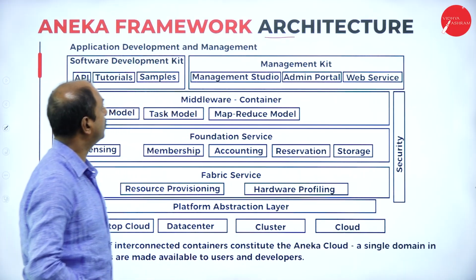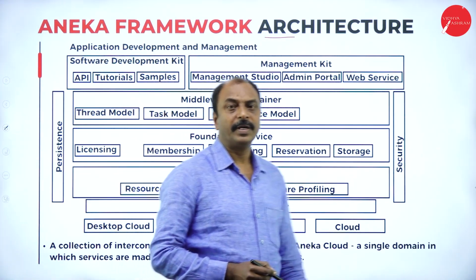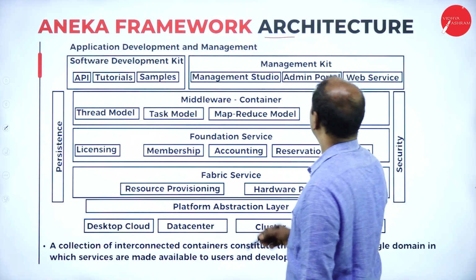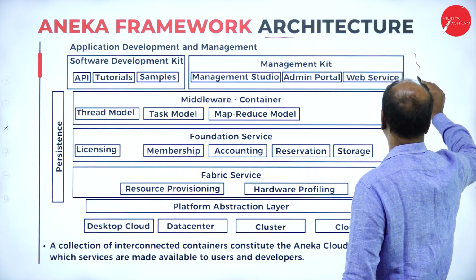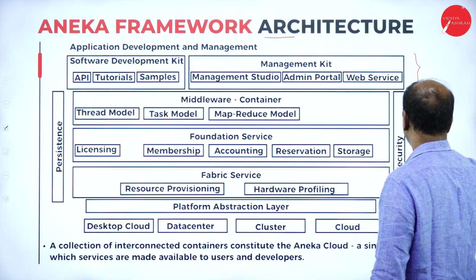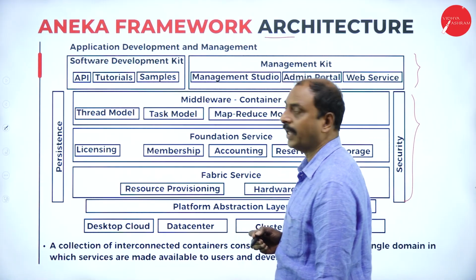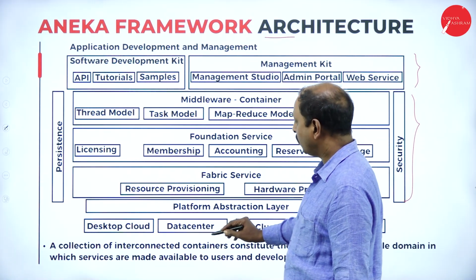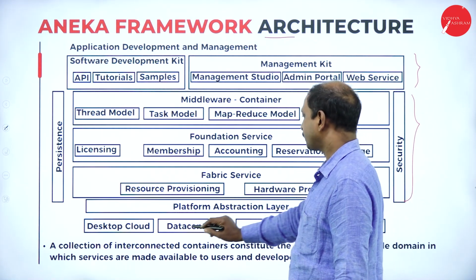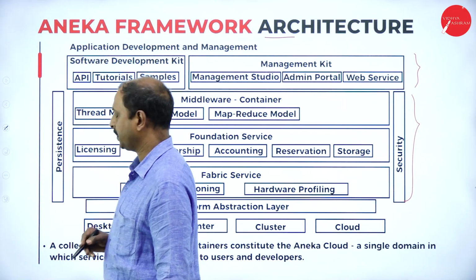If we talk about the architecture and framework, you can look at this schematic diagram here. If you look at the diagram, this one we take as one layer. This is the middleware, as I told you just now. Over it we have the application development and management layer, and below, this middleware is installed or deployed on infrastructure, through the platform abstraction layer.